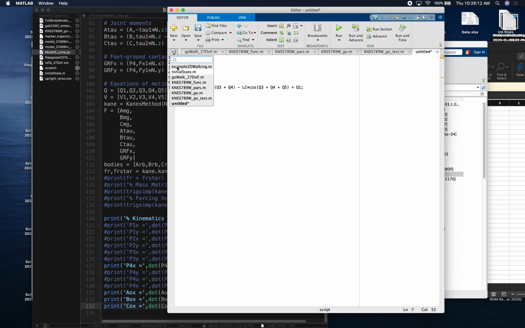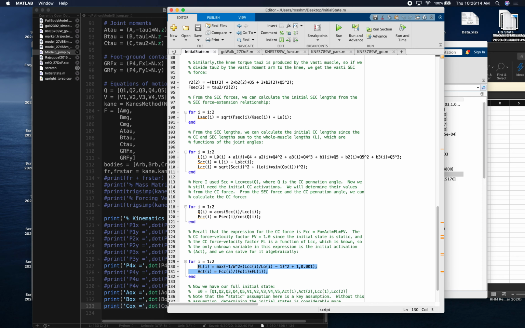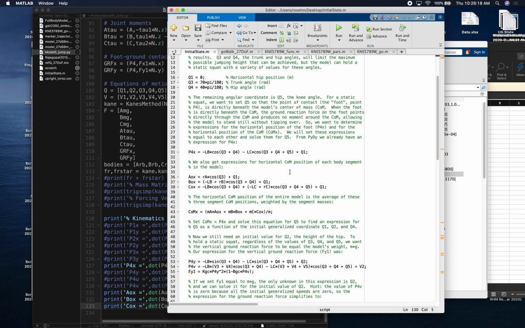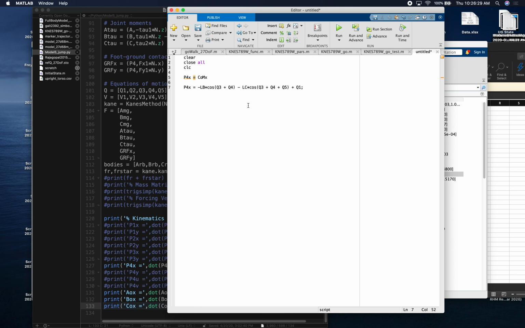Now, what those expressions were, if I go back to my code that I uploaded for you guys, is here: I had expressions for the horizontal position of the center of mass of each of those body segments. So let's copy those over to my code here.